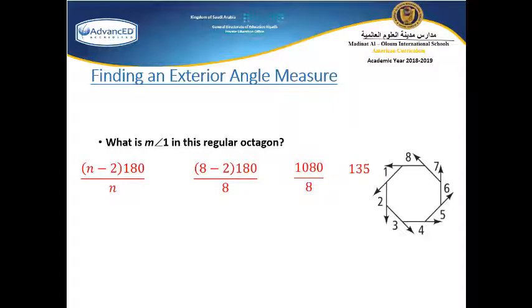So the measure of each interior angle of this regular octagon is 135 degrees. Then to find the exterior angle, we subtract it from 180. Then the measure of angle 1 equals 45 degrees.